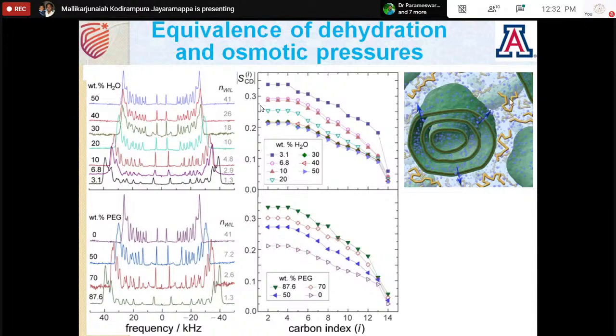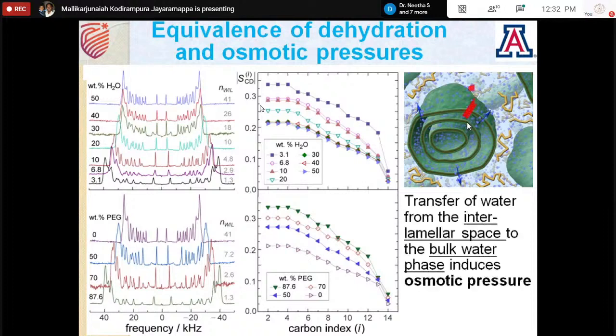Therefore, while doing that, an opposite pressure is created on this bilayer that makes the thickness and area per lipid change. The transfer of water from the interlamellar space to the bulk water phase induces osmotic pressure on the membrane.